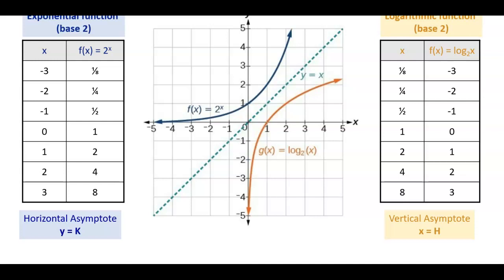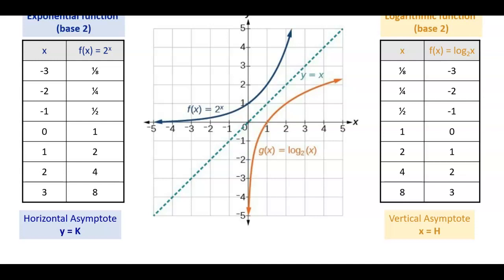On the right, we have a logarithmic function, base 2, log base 2 of x, okay? Do you see how they reflect across this diagonal line, y equals x, right? We know from past units that if it reflects across the line y equals x, it is an inverse function. So you can see visually this is an inverse function.